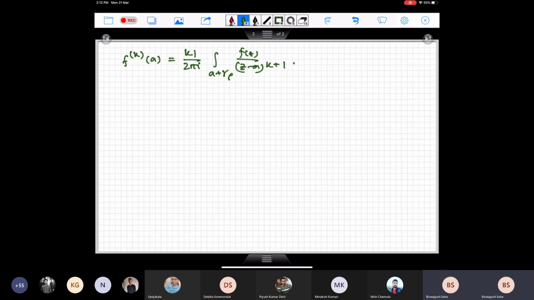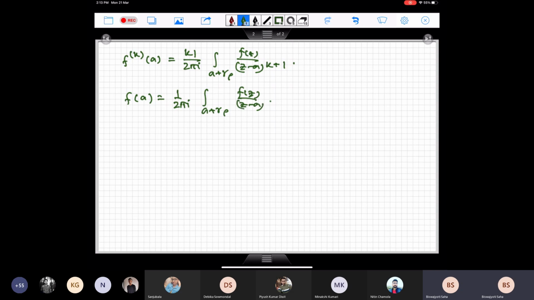Of course, you can recall that the Cauchy integral formula I can write for f of a, there is no k factorial, 1 upon 2 pi i, integral over a plus gamma rho, f(z) by (z minus a). Of course, that's the Cauchy integral formula for a.